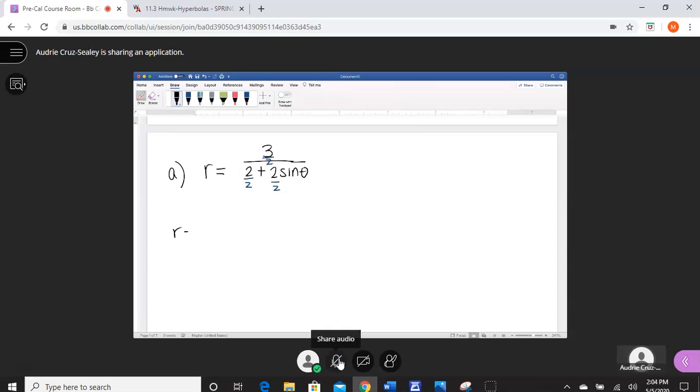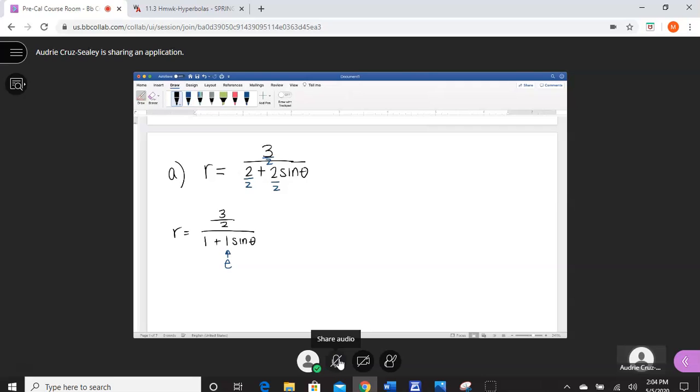So now I have r equals 3/2 over 1 plus 1 sine theta. If you notice, going back to the very important formula in pictures, the number in front of sine or cosine is your eccentricity. So I know that my eccentricity is 1.